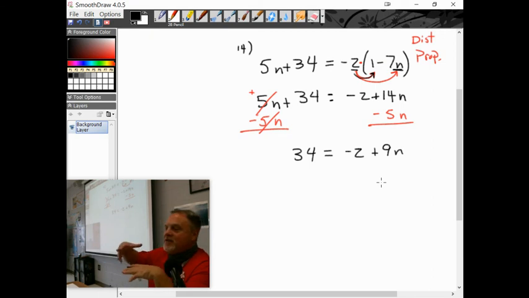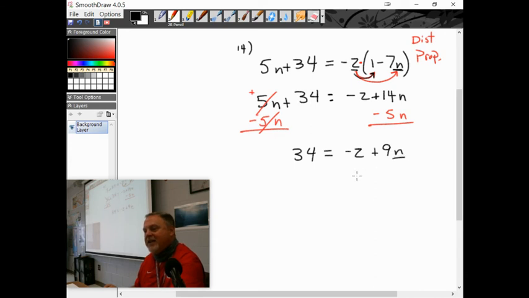So look, we've simplified it yet another step. So now we have an n on the right. We need to move that 2. Let me make it look more like a 2. We're going to move that negative 2 over to the left, and then we're going to get rid of this 9 that's multiplied. Okay? So what's the opposite of a negative 2 if we want to move it? Positive what?